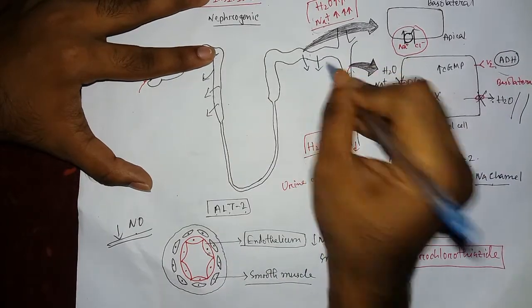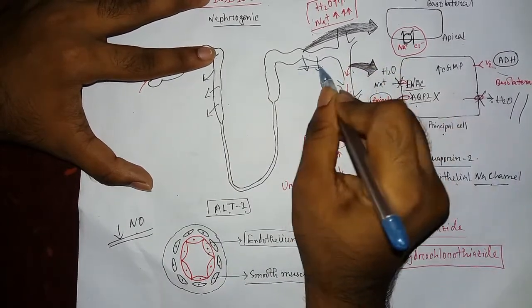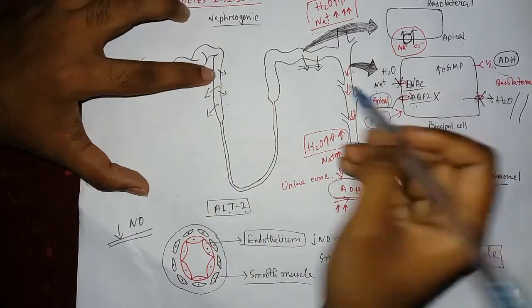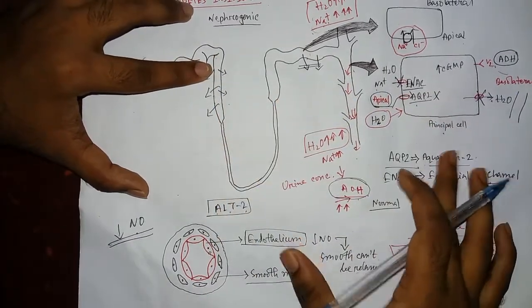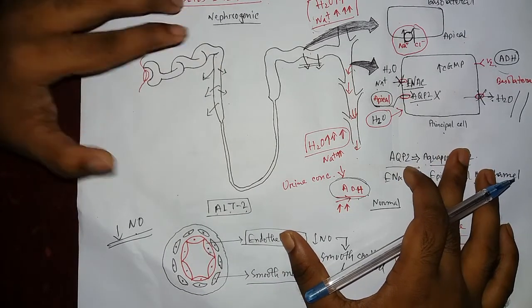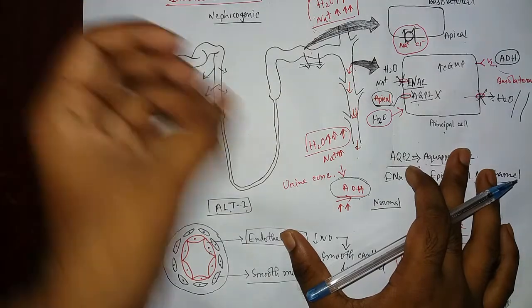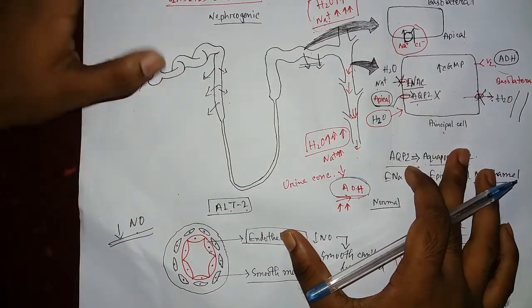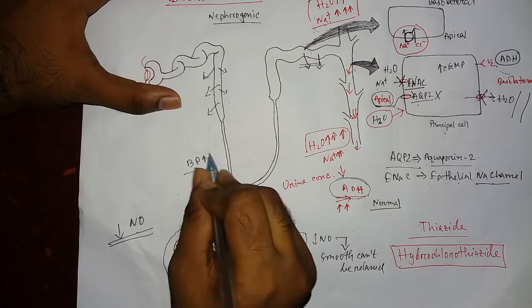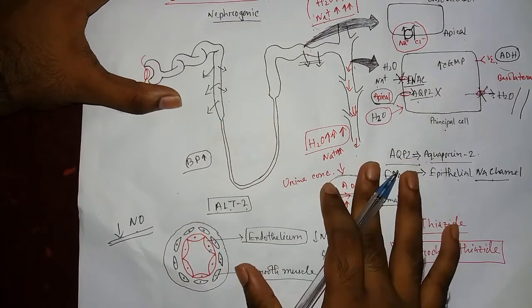As a result of the increasing amount of sodium reabsorbed, water will also enter with sodium into the cells of the proximal convoluted tubule and go to the blood, and as a result his blood pressure will be increased or his diuresis will be decreased.